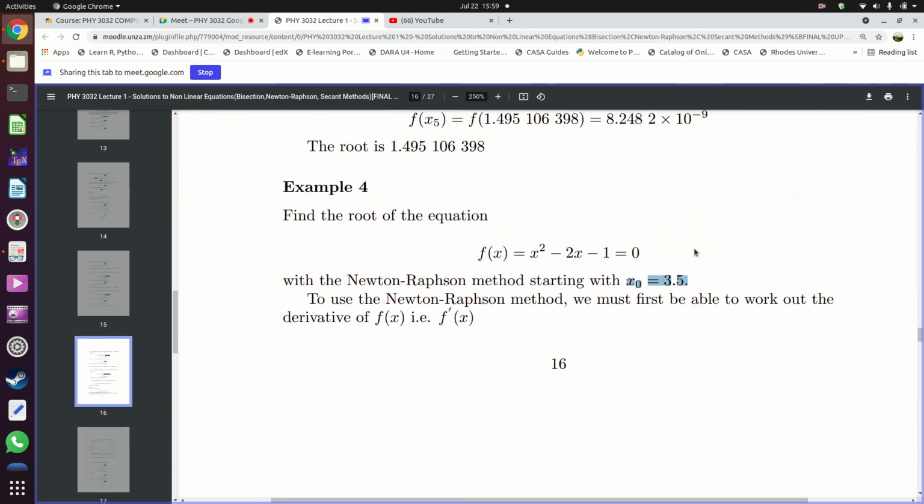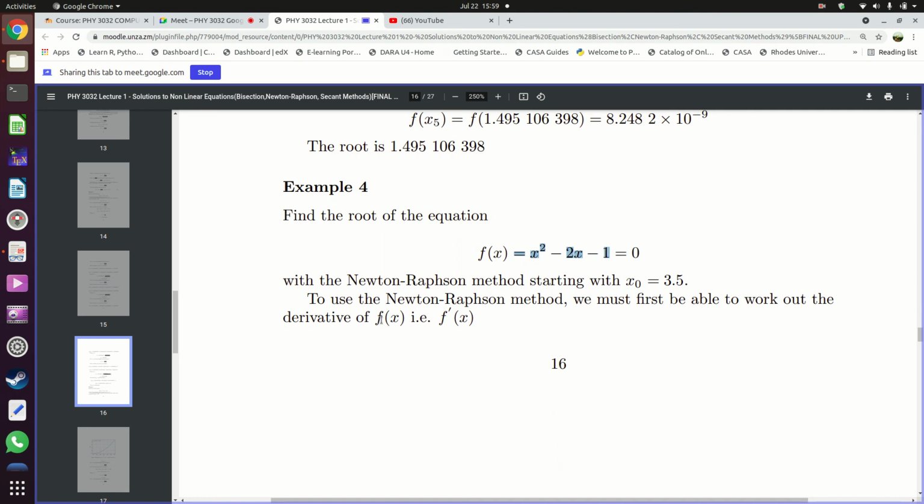Now, this function, as you can see, is very suitable for the Newton-Raphson method because our function f of x is very easily differentiable. Are we clear? You should use the Newton-Raphson method with a function that you can easily differentiate. Is that clear?